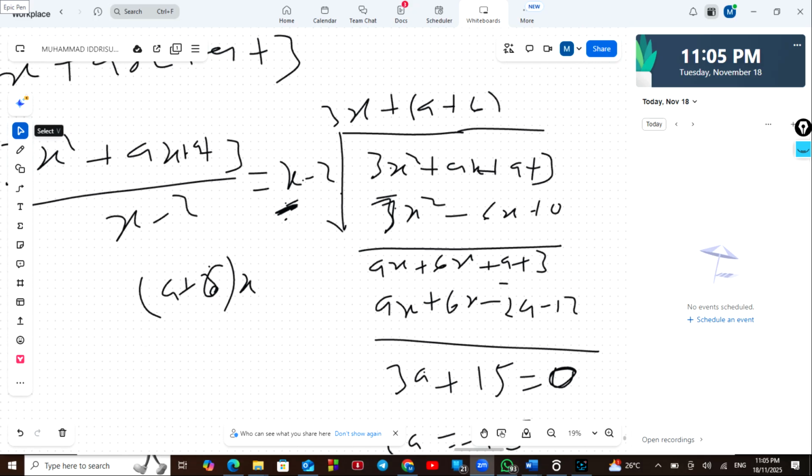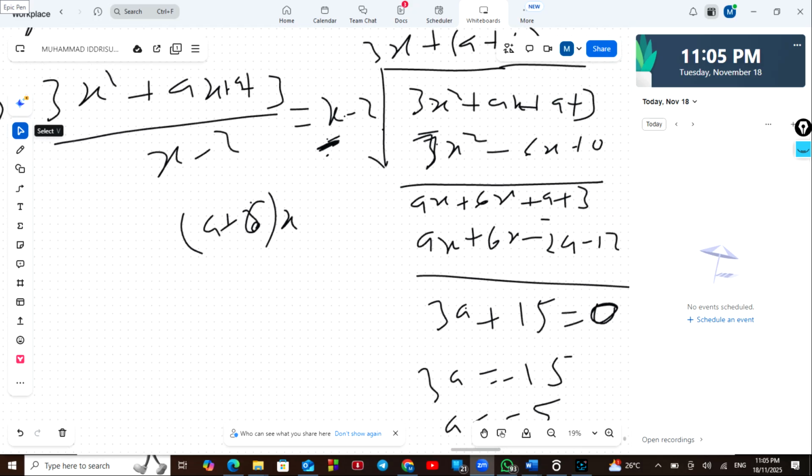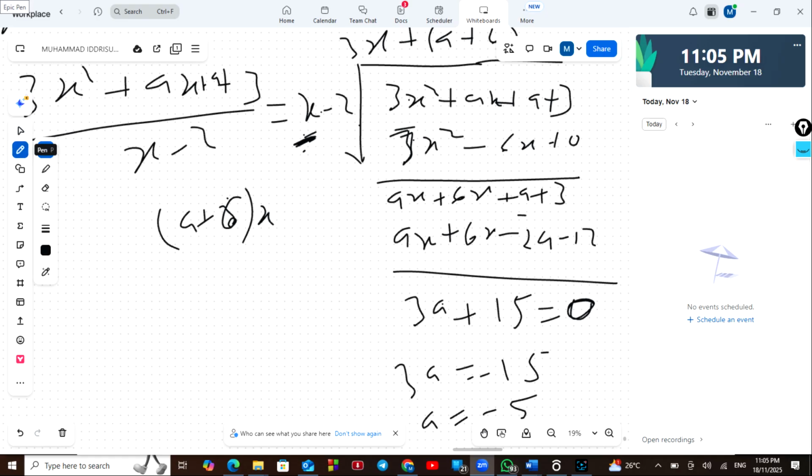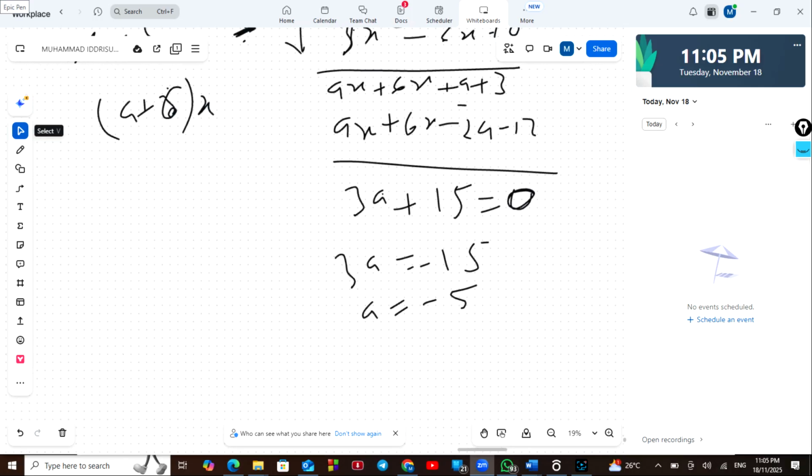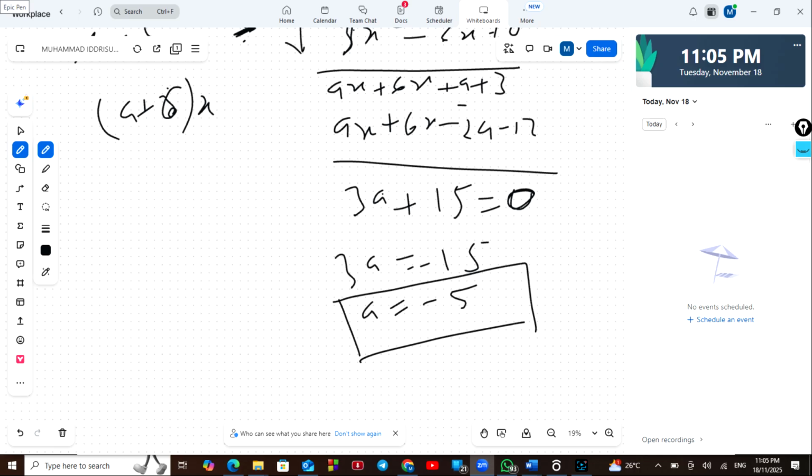And now we have the value for a. The value for a is negative 5.